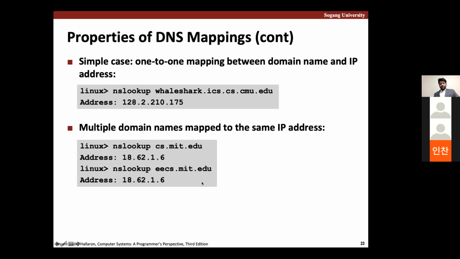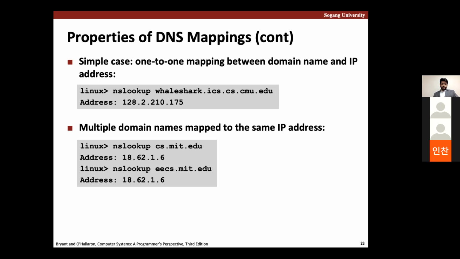We have multiple scenarios. In the simplest case, the first bullet, there's a one-to-one mapping between a domain name and an IP address. If you run nslookup and type in some domain name, you will get a single IP. In the second case, multiple domain names are mapped to the same IP address.